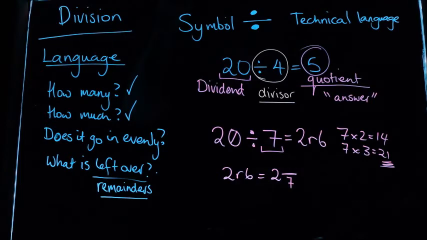And what was left over? 6 was left over, so that becomes the numerator. And that's another way we can write the same information, okay? 2 remainder 6, or 2 and 6/7 are both acceptable ways to write your answers.